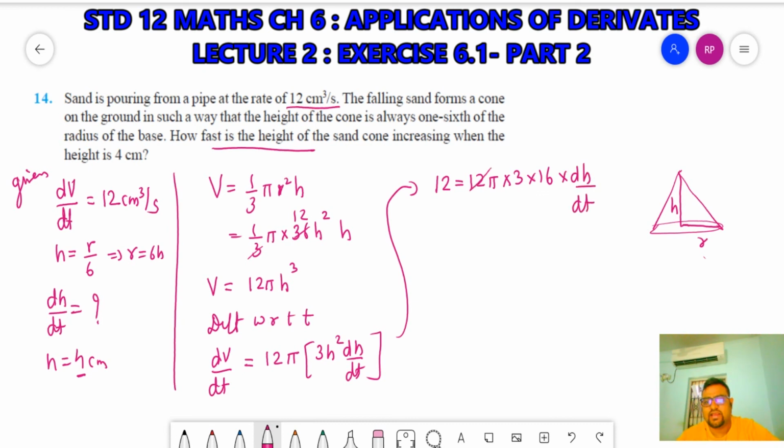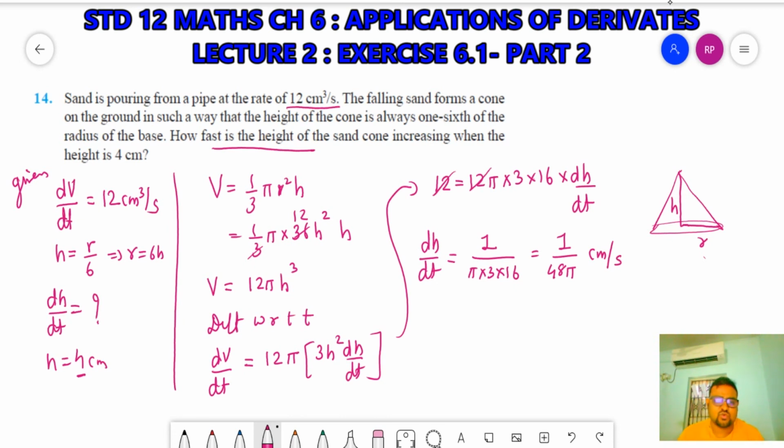So 12 gets cancelled. So dh by dt will be equal to 1 upon pi into 3 into 16, which is 1 upon 48 pi. So the height of the cone increases at a rate of 1 upon 48 pi centimeter per second.